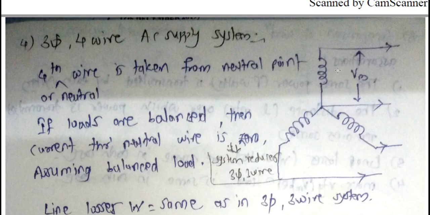Let's say L1 is here, the same L1 is used here and the same L1 is used here. So that is called a balanced load. Then the current through the neutral wire is 0. Whenever we assume the load is balanced, the current flowing through the neutral is always 0.